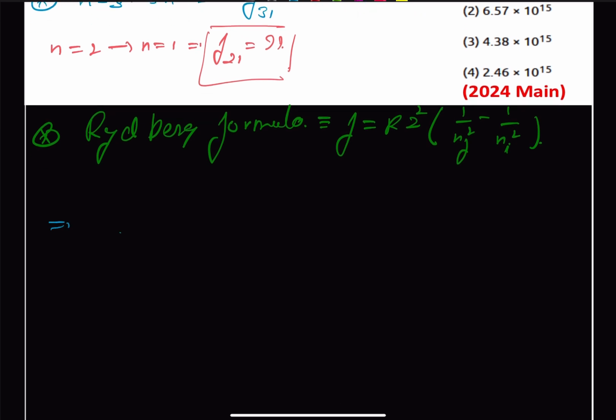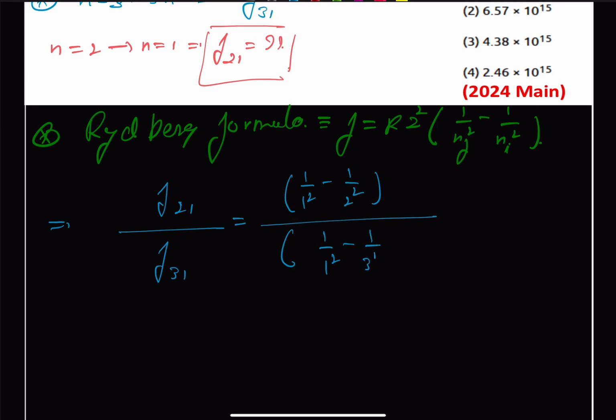So we can say our f21 divided by f31 will be equal to R, and Z will be common for both parts, and the only difference will be the value of n, initial as well as final. So this comes as 1 upon 1 square minus 1 upon 2 square, and for 3 it comes as 1 upon 1 square minus 1 upon 3 square.